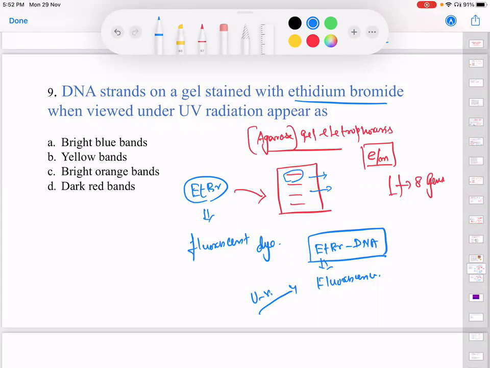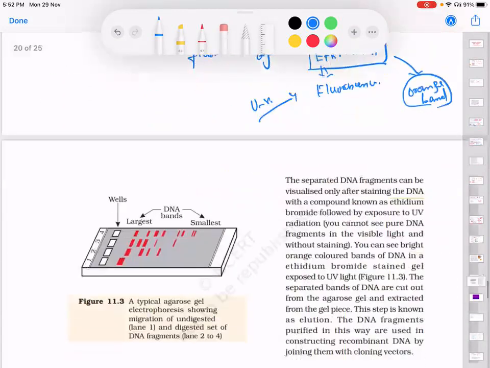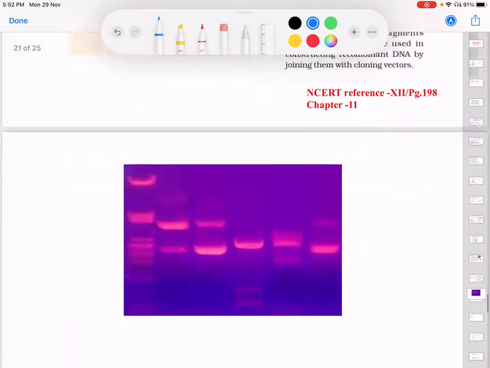So you give an ultraviolet light, and you get orange light, orange bands. Okay, which means that a bright orange band is the option here. I can show you this diagram. So this is the bright orange.